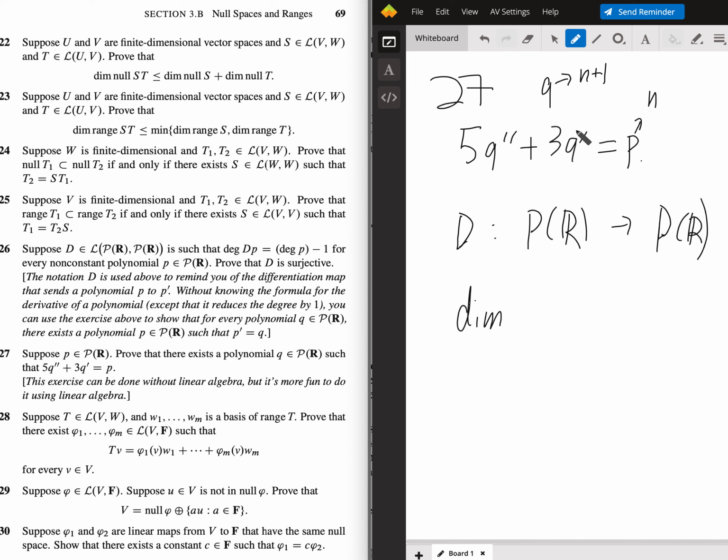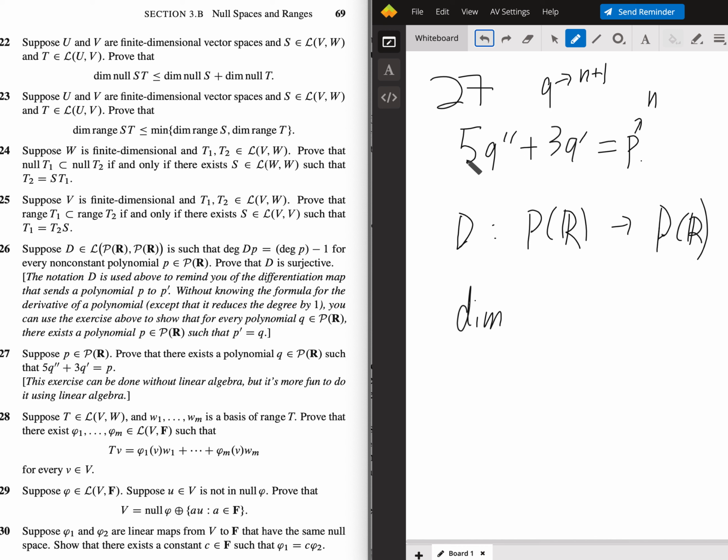Maybe take some time to convince yourself of this, but it's true, because if the highest power of P is n, then that highest power must be taken as some sort of derivative of some degree n plus 1 for that to get there. So you want to consider that to be the case.